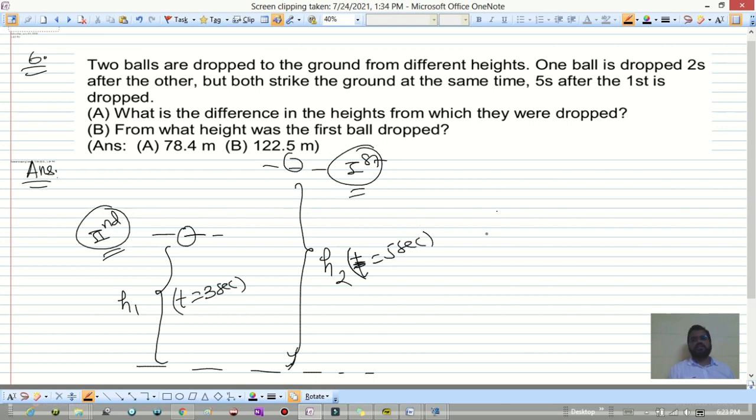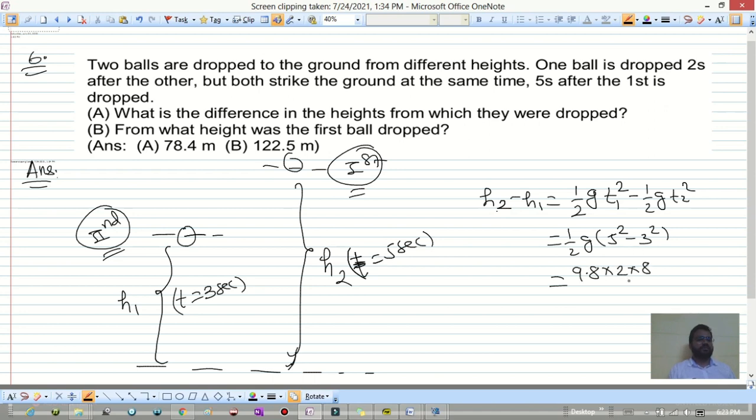So what is the difference in height? The difference in height is h2 minus h1. What is h2? 1 by 2 g t1 squared, minus 1 by 2 g t2 squared. So 1 by 2 g common, it is 5 squared minus 3 squared. So it is 9.8 into (5 minus 3 is 2) into (5 plus 3 is 8) divided by 2. So the 2 gets cancelled.